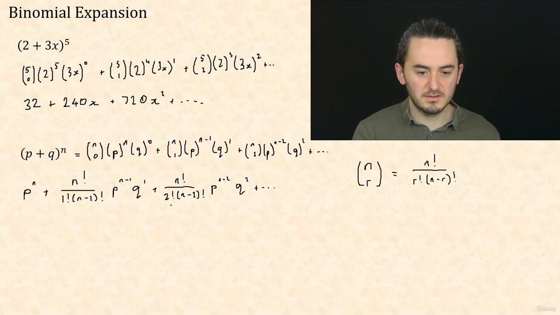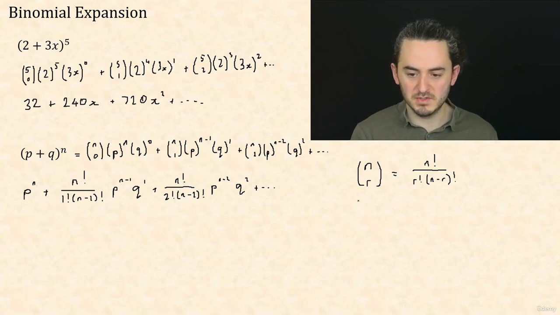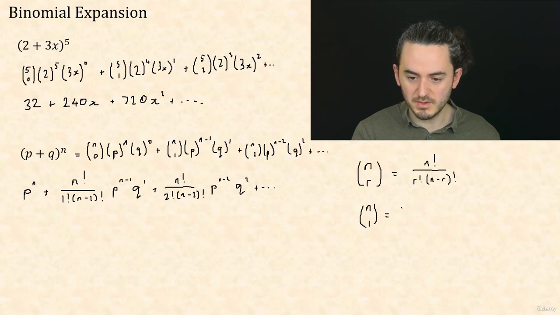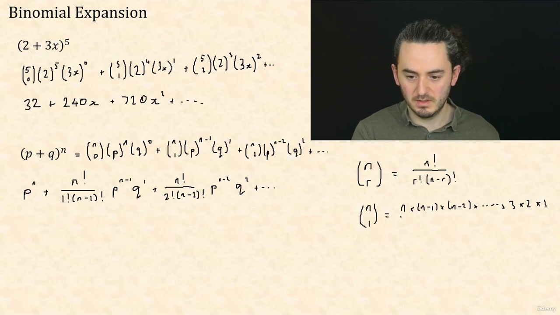Well, let's look at n choose 1. So n factorial over 1 factorial times n minus 1 factorial. So what that means is on the numerator, we've got all the numbers up to n multiplied up. So that's n times n minus 1 times n minus 2 times everything all the way down to 3 times 2 times 1.